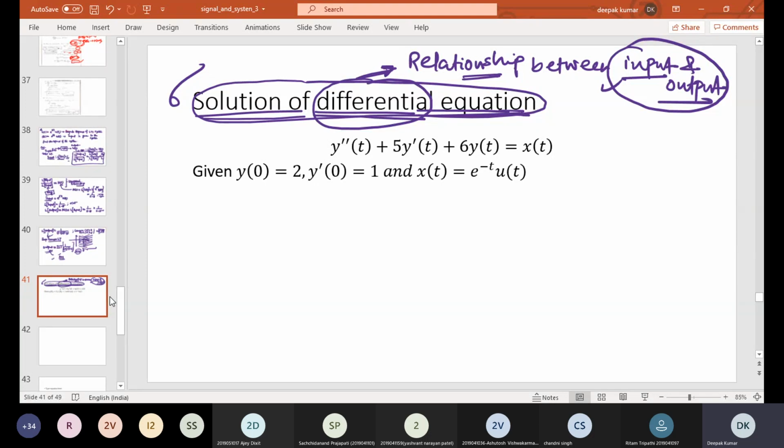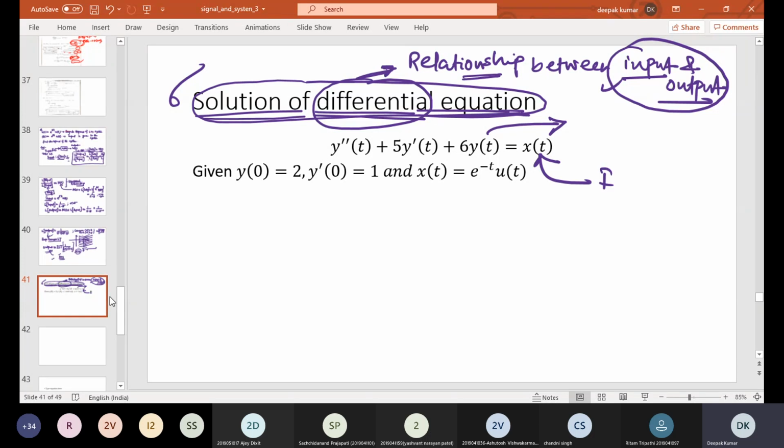See this here: y double dash t, plus 5 y single dash t, plus 6 y t is equal to x t. This x t is one kind of signal, and y t and its differential values, the algebraic sum and so on, make up another signal. Here we can see that two signals are present, which means one of the signals is the input and the other signal is the output.